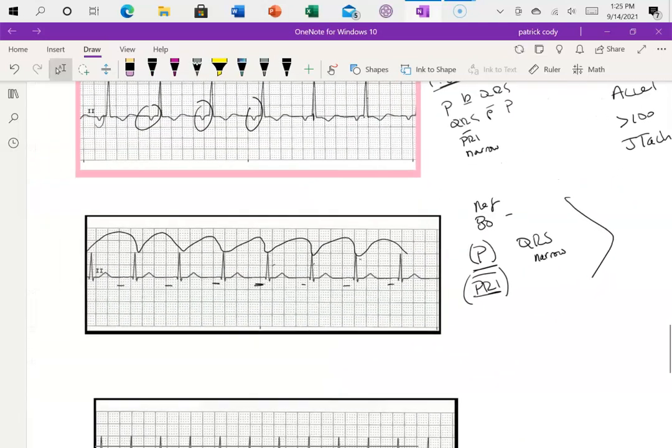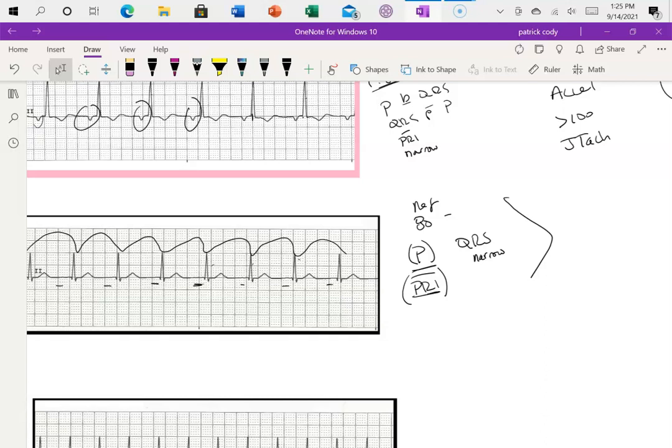So this is an example of that. Okay, so here's a junctional rhythm with no P waves, but otherwise meets some criteria that we like for a relatively regular rhythm. And remember I told you that if it's above the intrinsic rate but below 100, we're going to call it accelerated. So this is an example of an accelerated junctional rhythm.